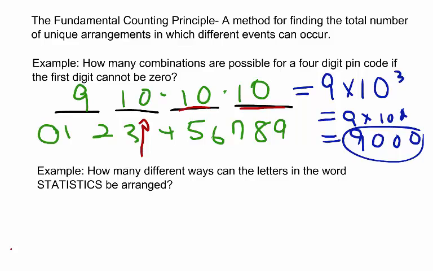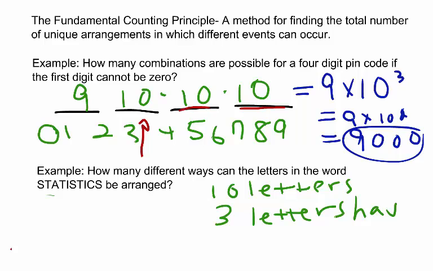In this example, we want to know how many different ways the letters in the word statistics can be arranged. Looking at the word statistics, I see that we have 10 letters in the word. However, some of those letters have repeats.